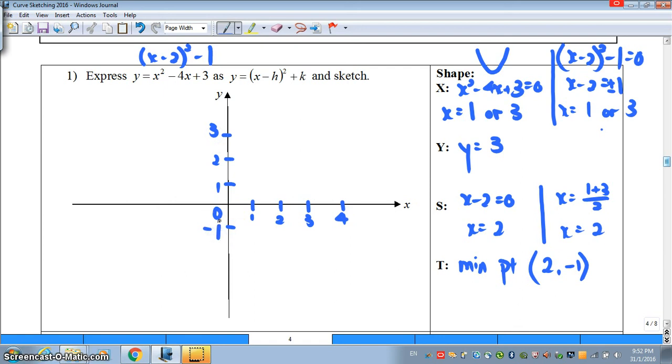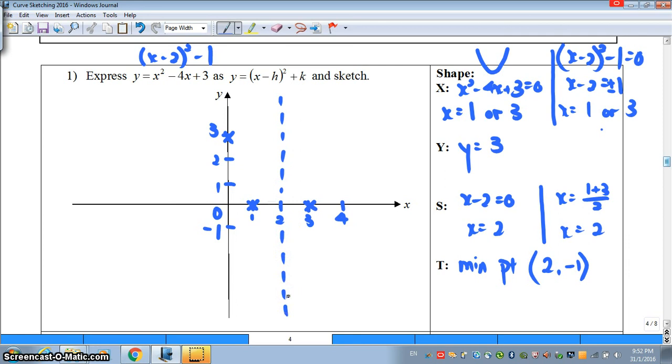Okay, let me indicate the points for the x-intercept first at 1 as well as 3. Y-intercept is at 3. The line of symmetry is x is equal to 2, so please indicate with a dotted line.